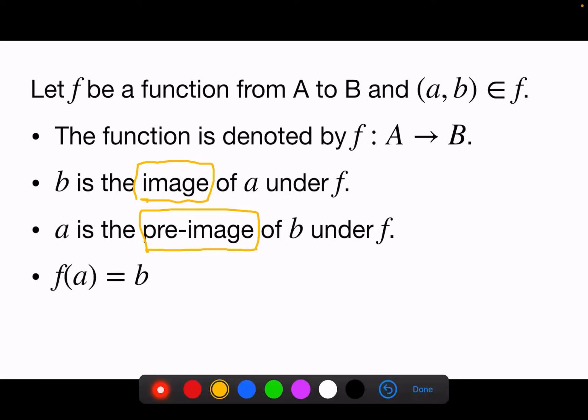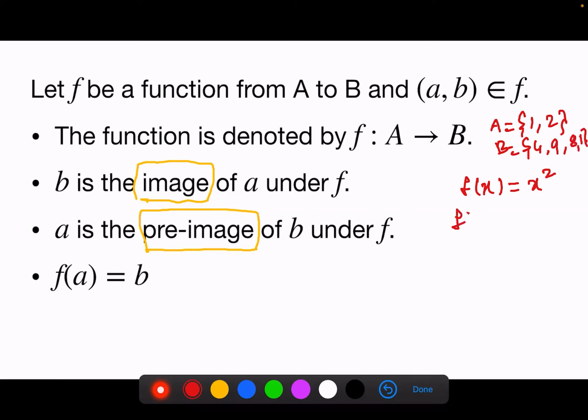Let me give an example. Suppose your function is x square. Your set A has 1 and 2, and set B has, let's say, 4, 9, 8 and 1.